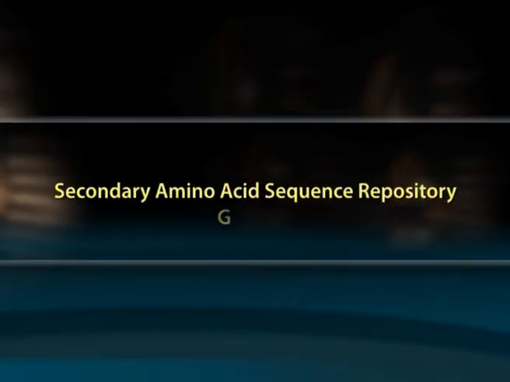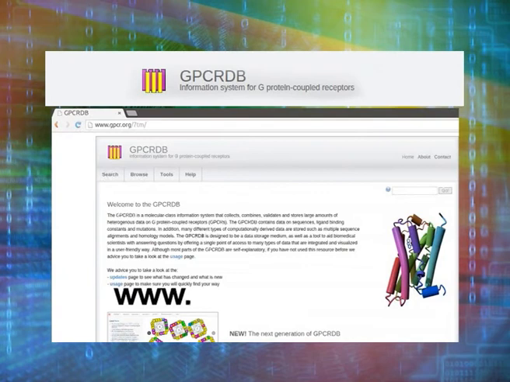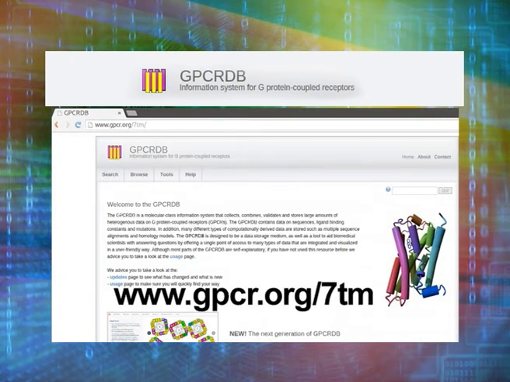Secondary Amino Acid Sequence Repository or GPCRDB. GPCRDB is a database focused on transmembrane protein which is used by the cells to communicate with the outside world.